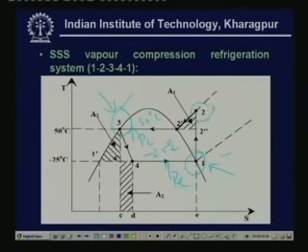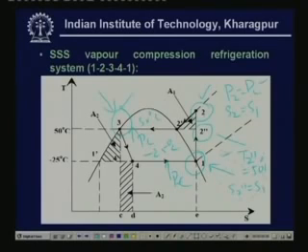And at point 2, we know the pressure is equal to the condenser pressure. And we also know that this is an isentropic process, so S2 is equal to S1. So, we know point 2 completely, and you can find out the rest of the properties. And for point 2 double dash, you can see that it has the same temperature as the condensing temperature, that means T2 double dash is equal to 50 degrees centigrade, and we also know that S2 double dash is equal to S1.